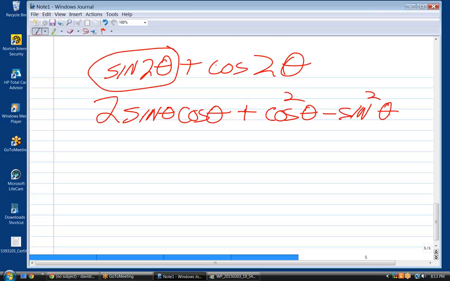So there's one answer. They said write it as a function of just sine theta or cosine theta, right? Yeah. Well, that works. I could also use any of the other two identities for cosine of 2 theta. I'm still going to end up with functions that are either sine theta or cosine theta. Okay? Okay. Next one.